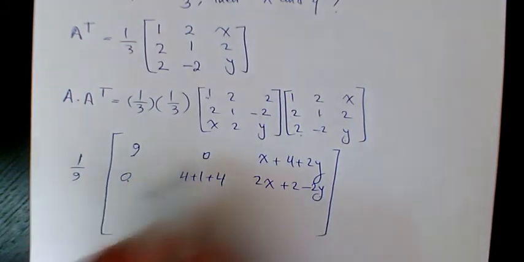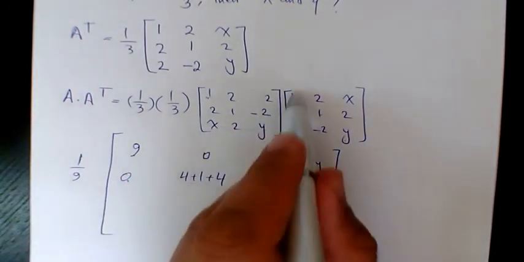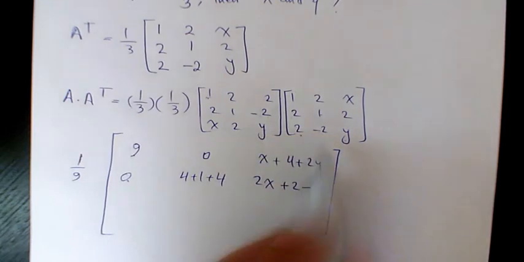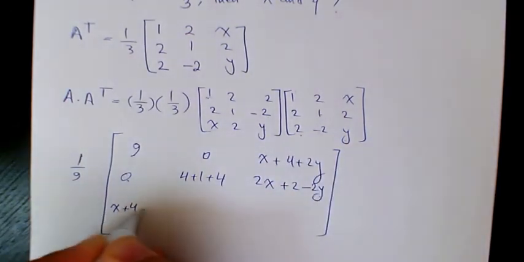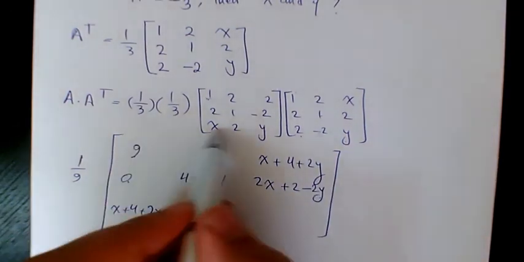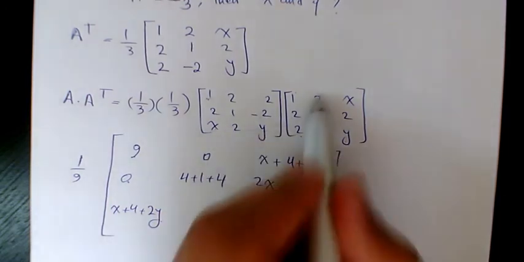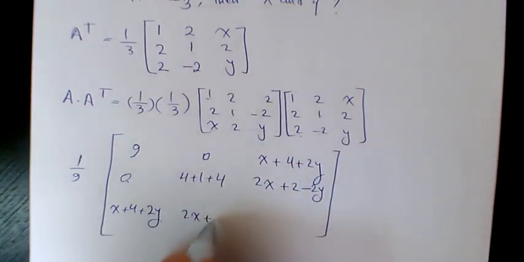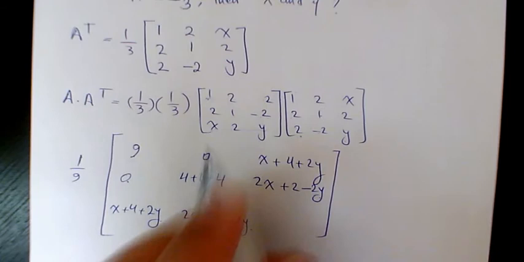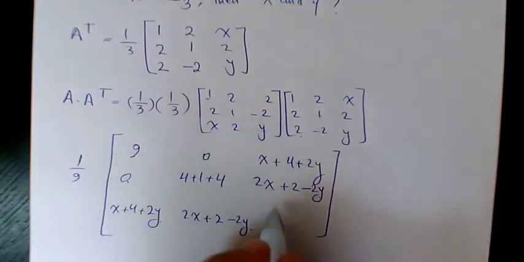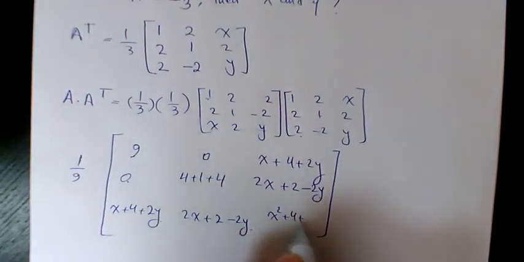Then this row and this column, x plus 4 plus 2y. Here, this row with this column, 2x plus 2 minus 2y. And here we have x squared plus 4 plus y squared.